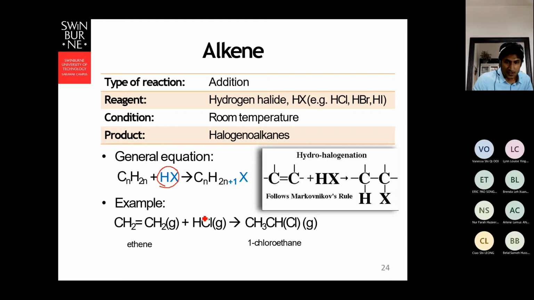It is 1-chloroethane because there is only one chlorine here.